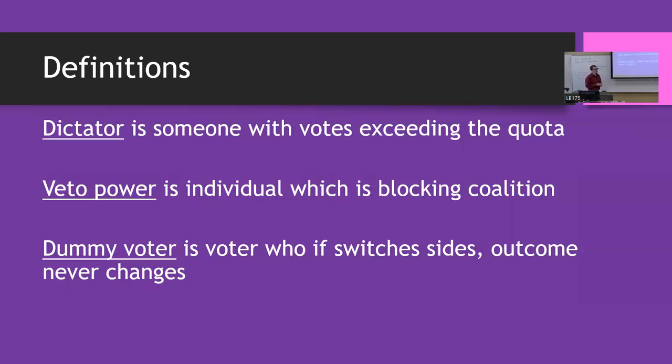The outcome of the vote never changes depending on what side they're on. Another way to say a dictator is that it's an individual who by themselves form a winning coalition. Veto power is an individual who by themselves forms a blocking coalition.